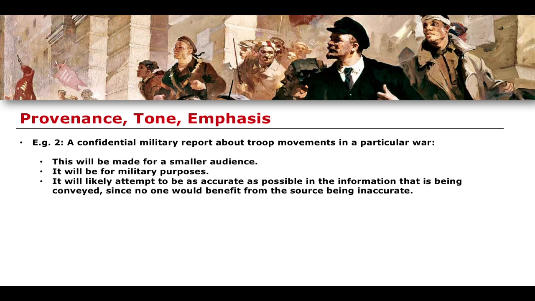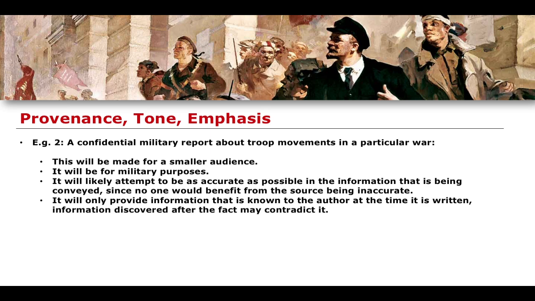It does not make sense to suggest that a confidential report about the enemy's troop movements should be biased, or it should emphasize one thing over another. It should be as accurate as possible because, of course, it's supposed to benefit the side that is being written about.